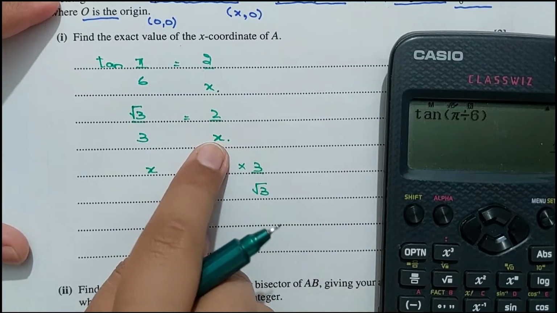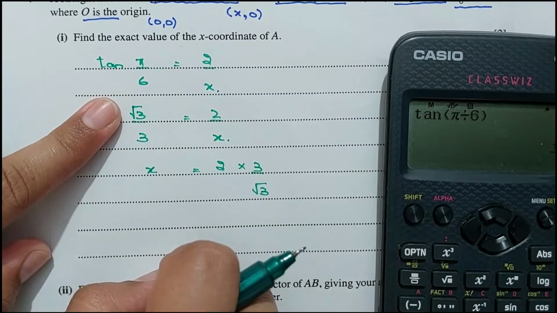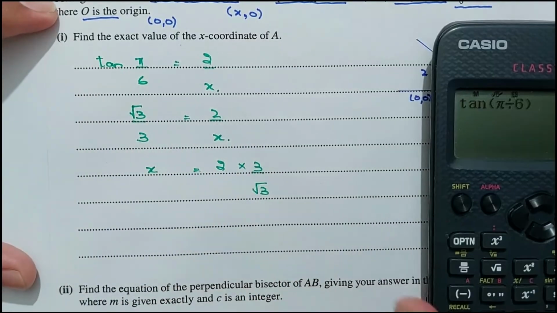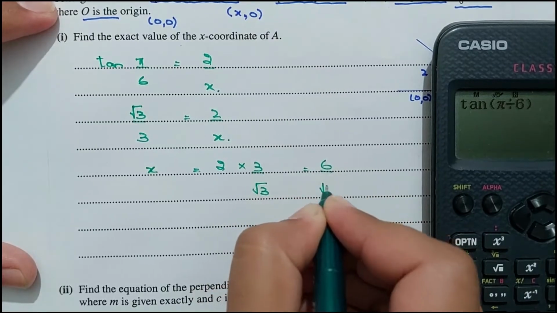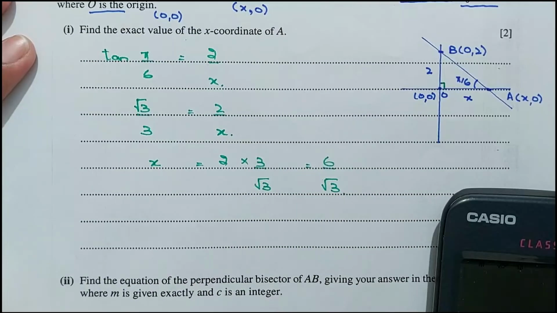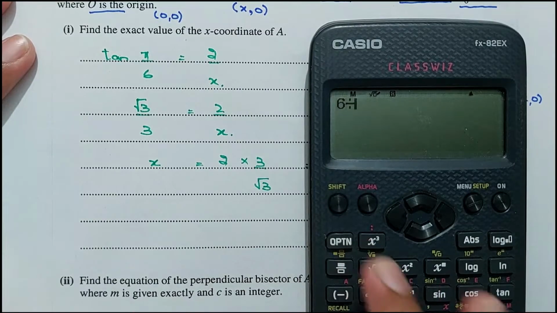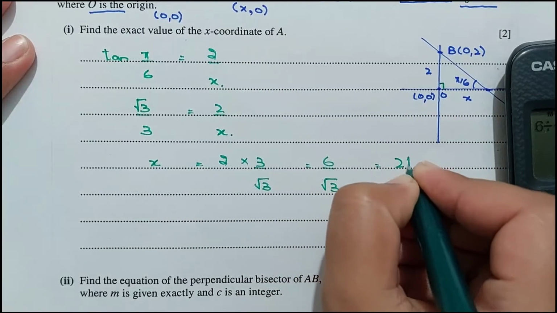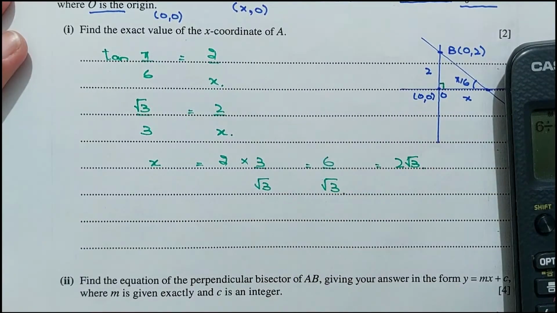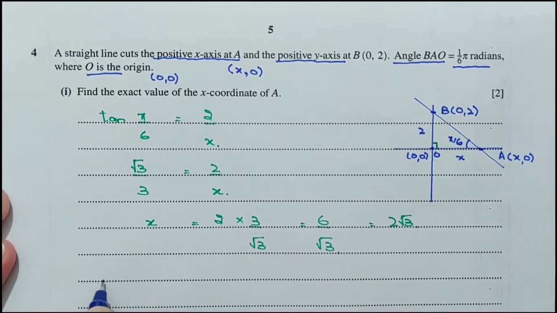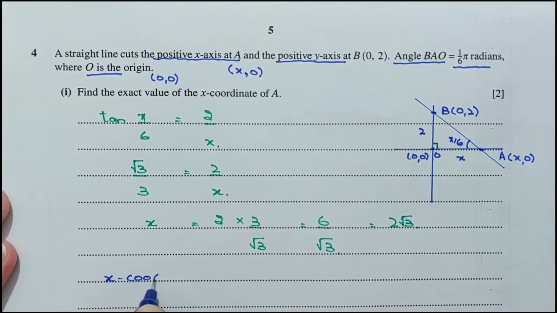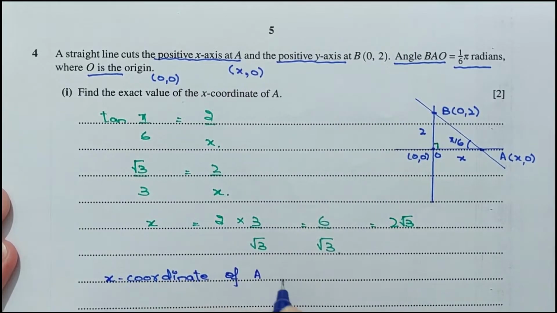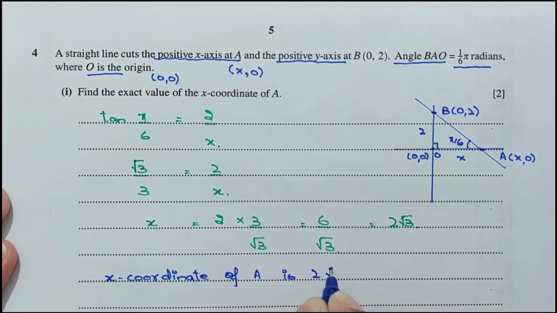I shifted x to the left side and this term to the right with its reciprocal, 3 over square root of 3. 2 times 3 is 6 over square root of 3, and 6 divided by root 3 is 2 root 3. So the x coordinate of A is 2 root 3.